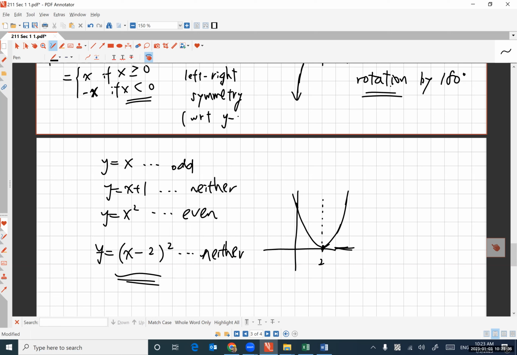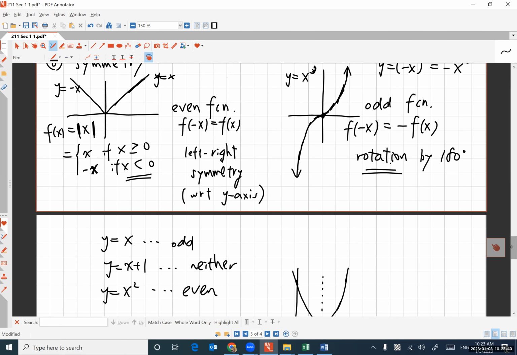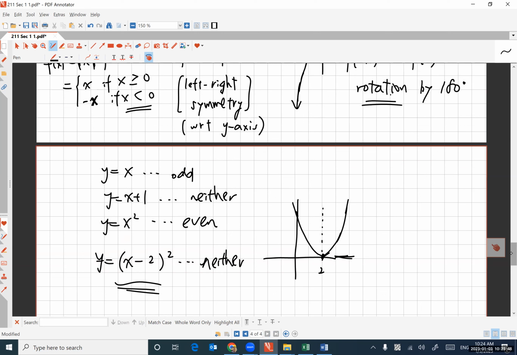When the function is even, the symmetry is with respect to the y-axis, which is basically saying you can switch the left and the right-hand sides, and it would look the same. It's a reflection with respect to the y-axis, but here, yes, it is symmetric with respect to the line x is equal to 2, but not with respect to the y-axis.